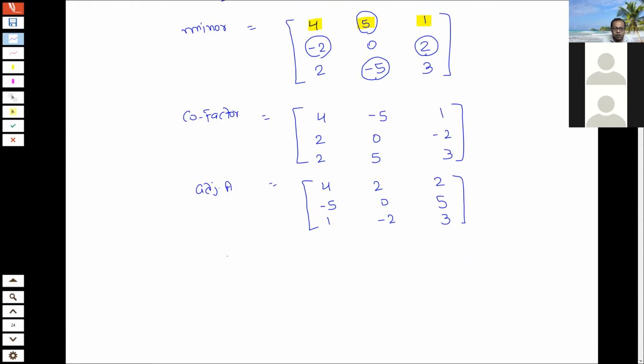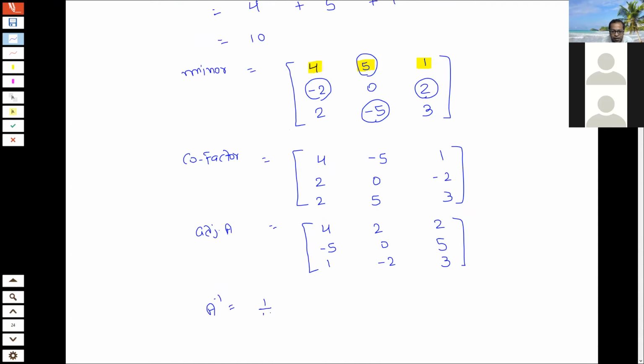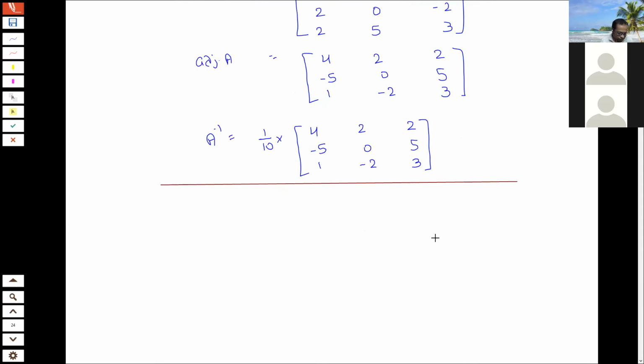And after adjoint, I will write A inverse is 1 upon determinant of A. So the determinant was 10 into adjoint 4, 2, 2, minus 5, 0, 5, 1, minus 2, and 3. So with this, we found the inverse matrix. And then we will come back to the original situation.